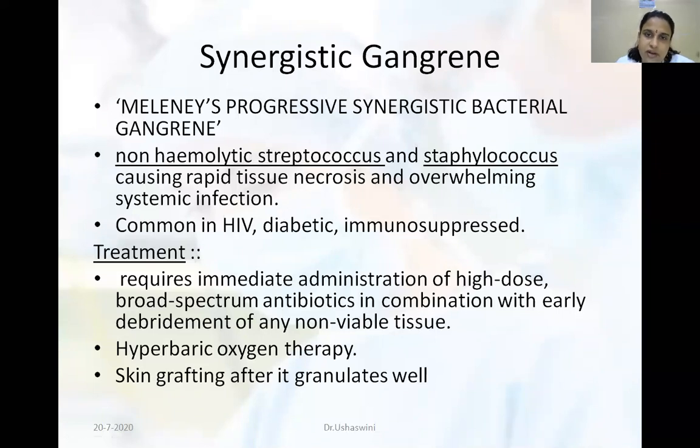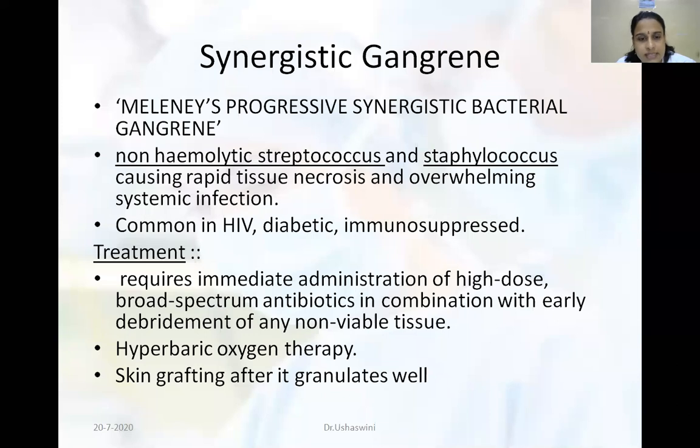So it is not just confined to the abdominal wall, but it is beyond that into the systemic circulation also. So with synergistic gangrene, once you have a suspicion or you have diagnosed this condition, don't waste time on all the ancillary work.